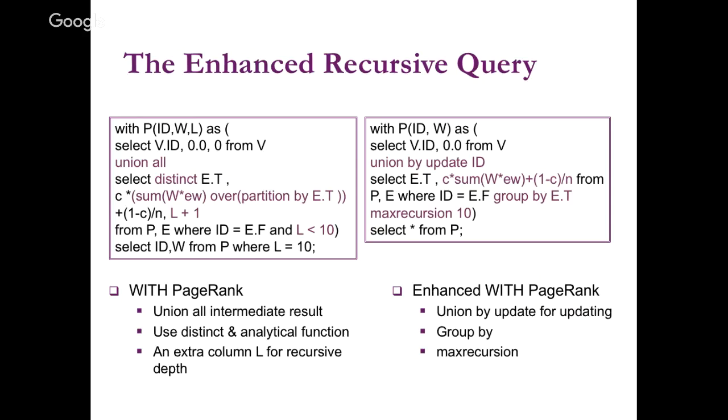It uses UNION ALL, so it consumes all the intermediate results. Where we use the union by update for value updating, it requires DISTINCT and the analytical function. However, we use the GROUP BY, and it also needs an extra column L for recursive depth, and here we use the label max recursion.